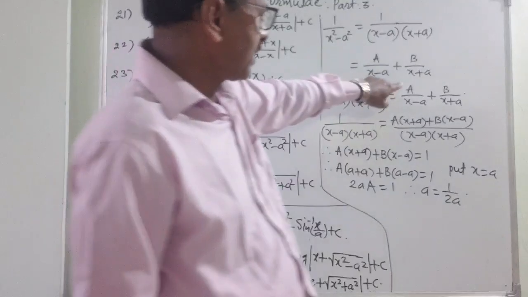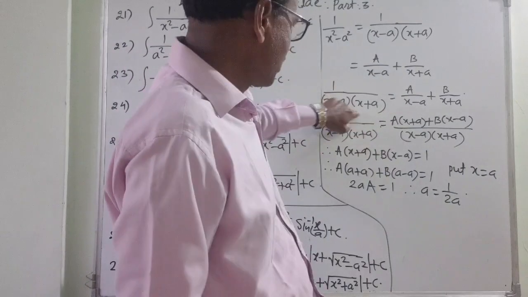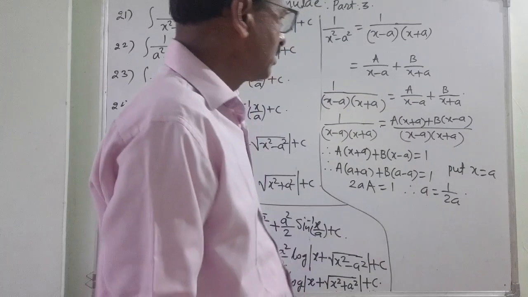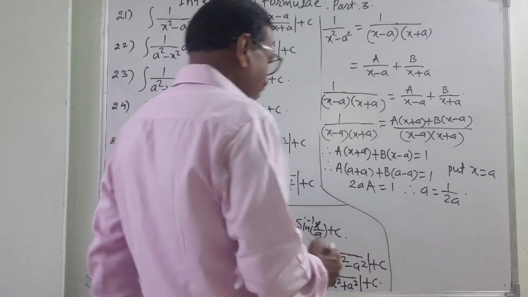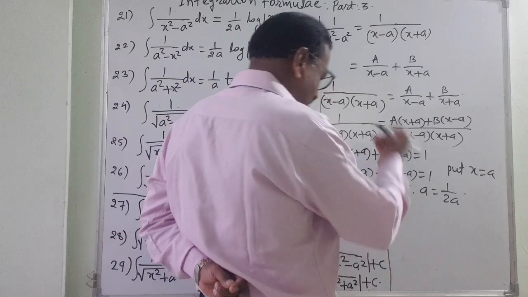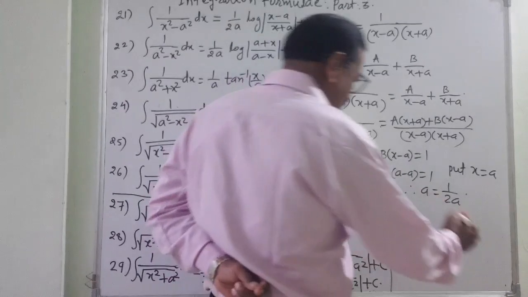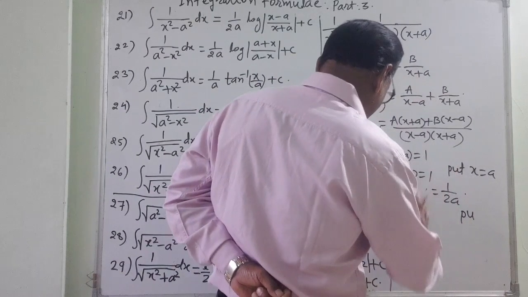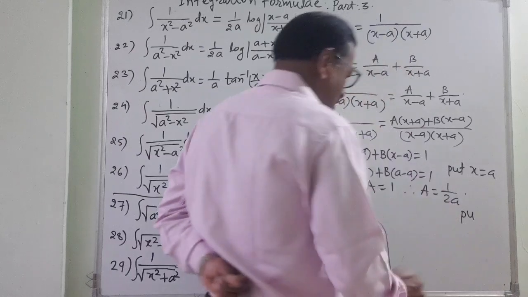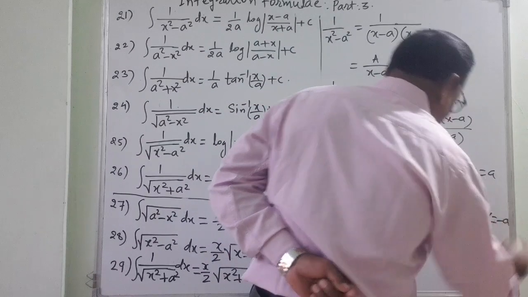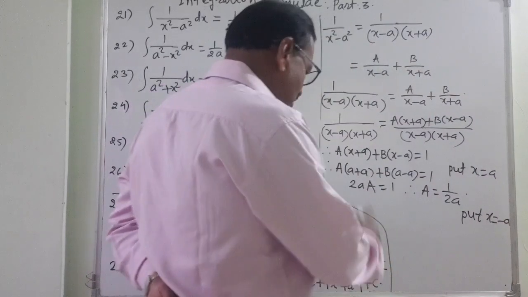So this factor has become 1 upon 2a into (x minus a). Now for B, I want to cancel the other bracket, so put x equal to minus a.